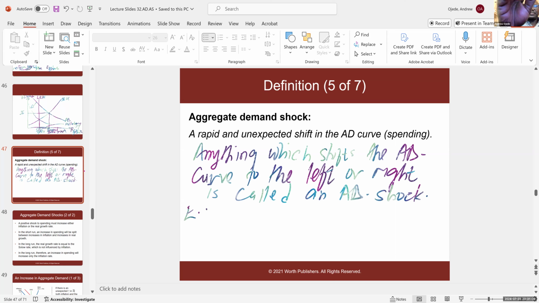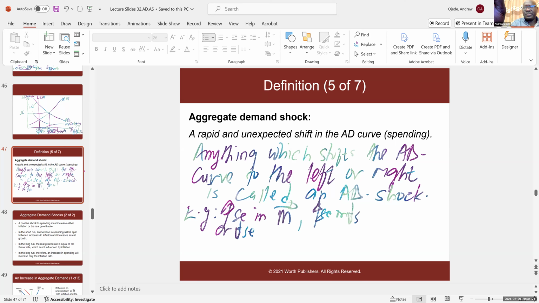Examples include things like an increase or decrease in money supply growth, an increase or decrease in V, velocity. Consumer expectations, changes in consumer confidence, consumer and business confidence.